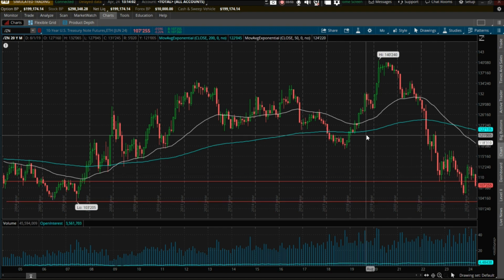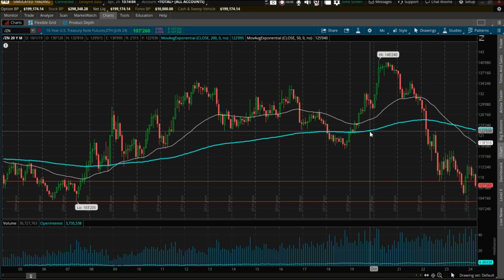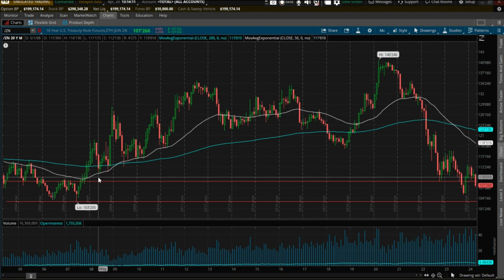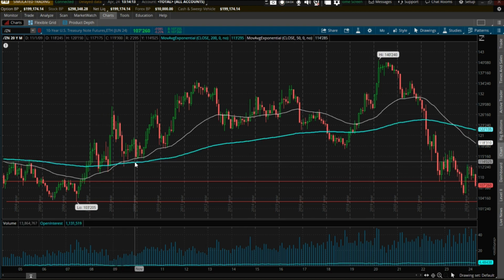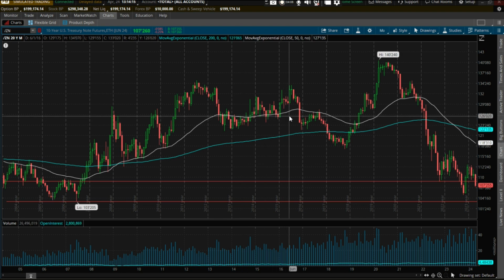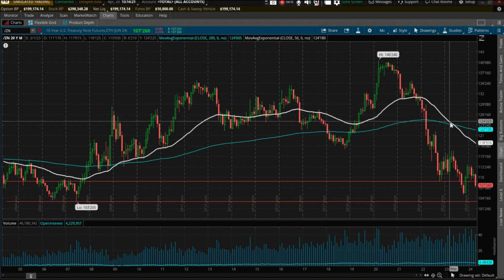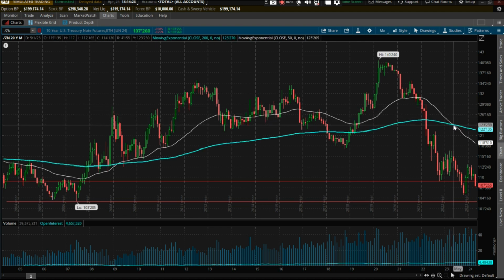Now I have two lines here. The blue line is the 200-day moving average. The white line is the 50-day moving average. And you can see since just after the financial crisis, the 50-day was well above the 200 until we get around here.